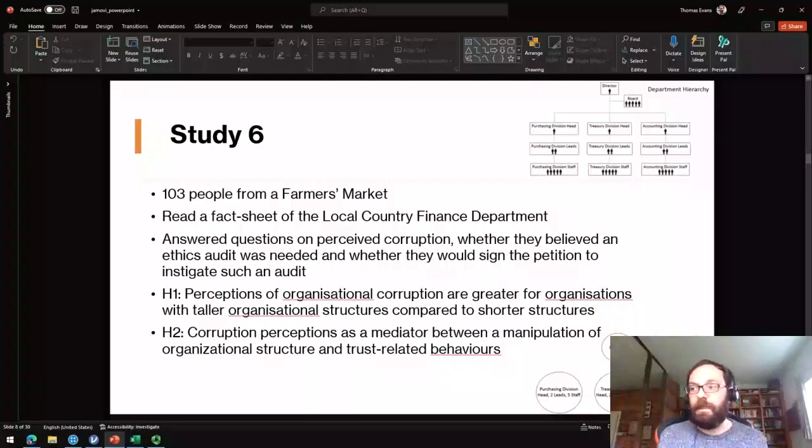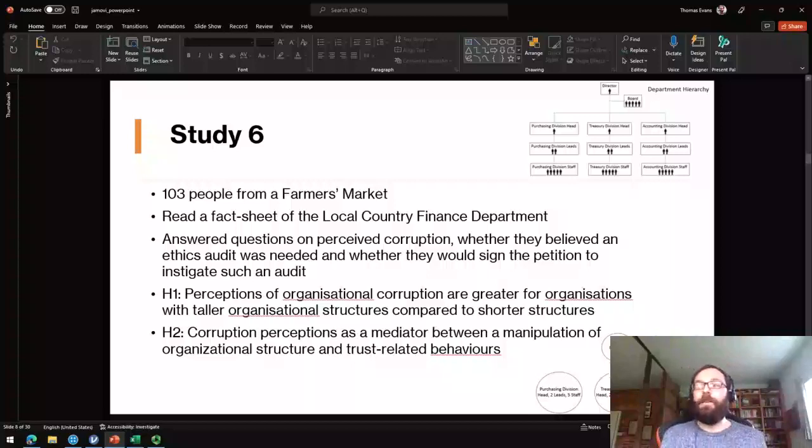And in the bottom, you can see a less hierarchical or more flat organisational structure. Participants answered a variety of questions, including some on their perceptions of corruption associated with each of those different hierarchies, and whether they would sign the petition to instigate such an audit.